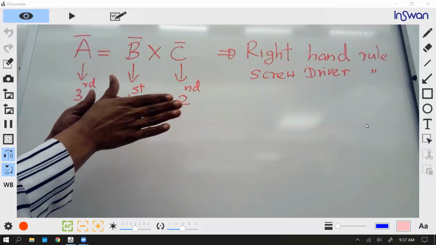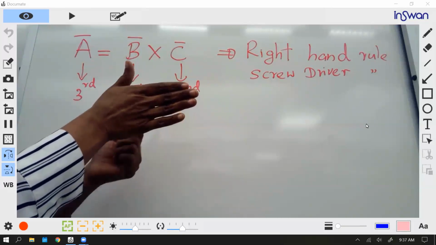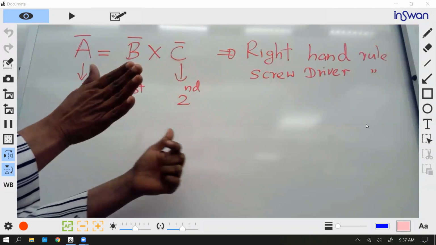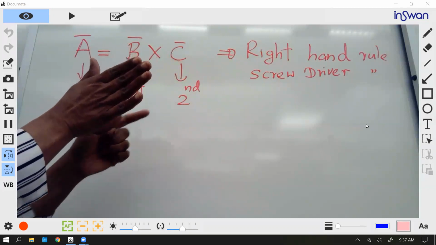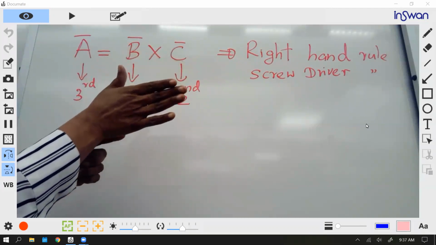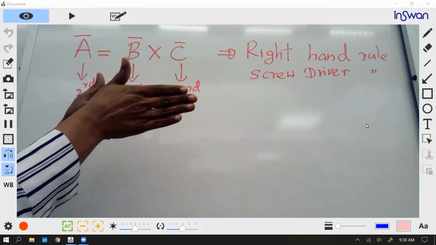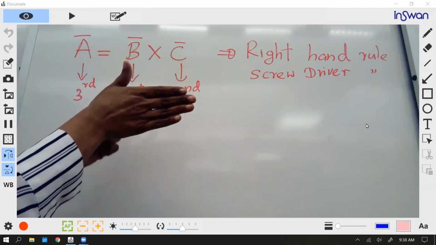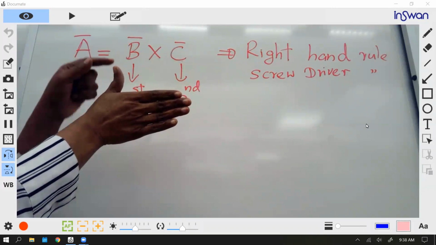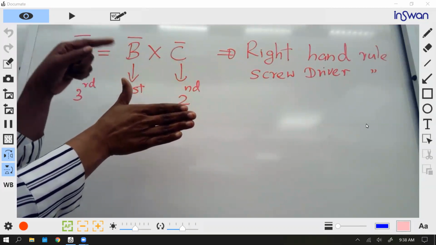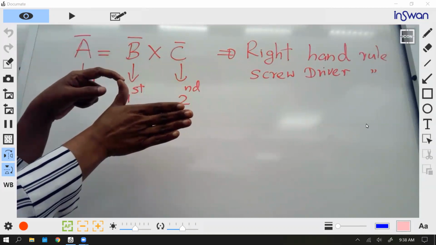And then my second vector, I'm going to point out from the palm. That will be my second vector. So if I keep it this way, this direction is my B vector, and pointing into this whiteboard is my C vector, and then you will see my thumb pointing upward, that is the direction of the A vector, right?